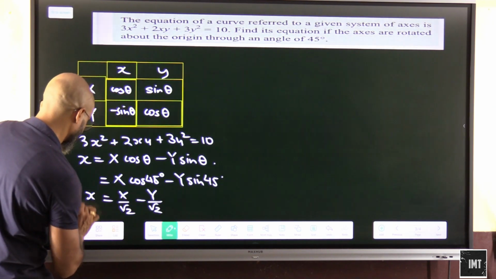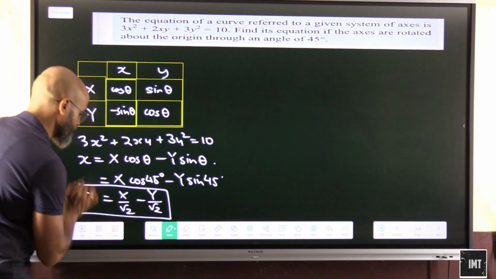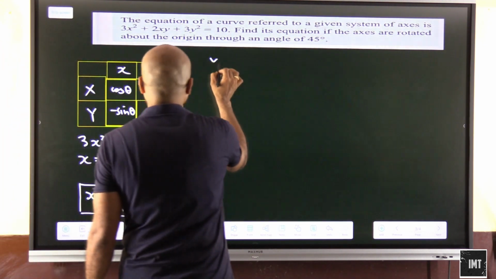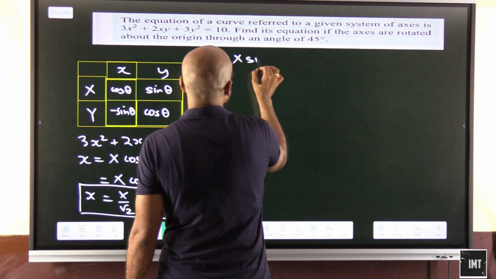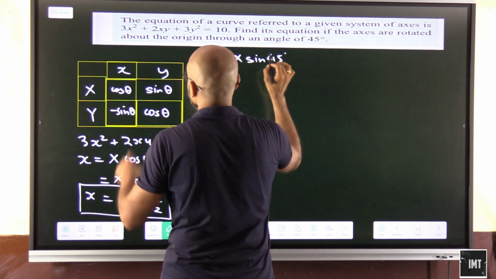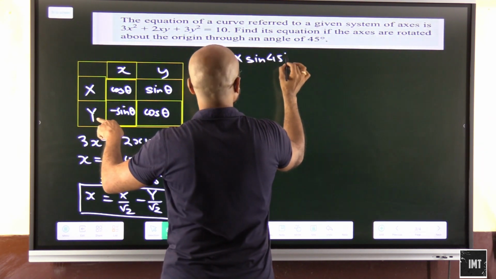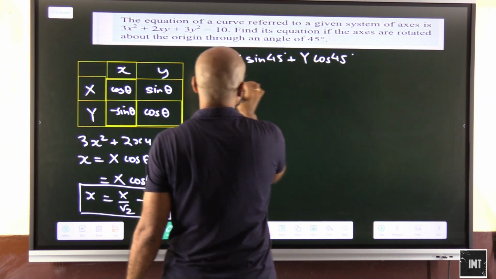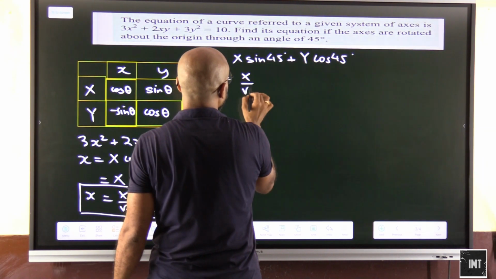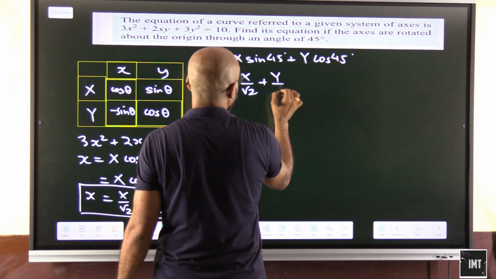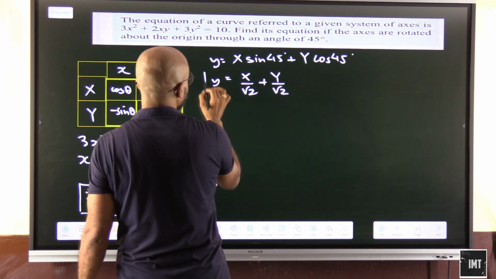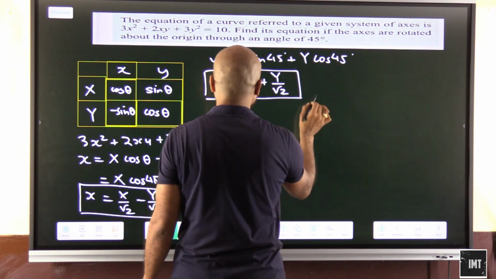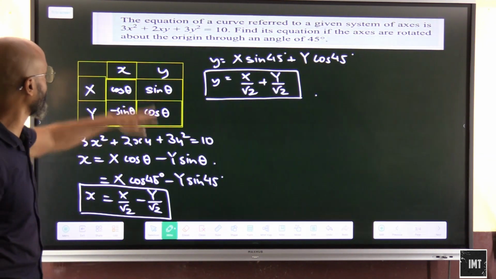This is going to be small x. Similarly y is equal to x sin 45 plus y cos 45, that gives you x by under root 2 plus y by under root 2. This is basically small y. Okay, so we have these values of x and y.